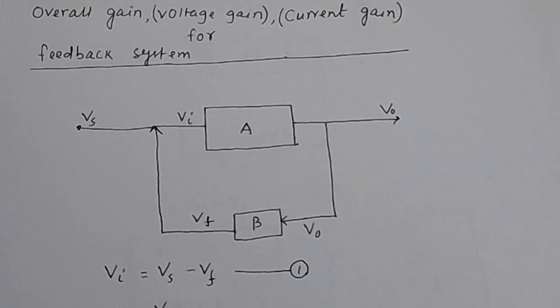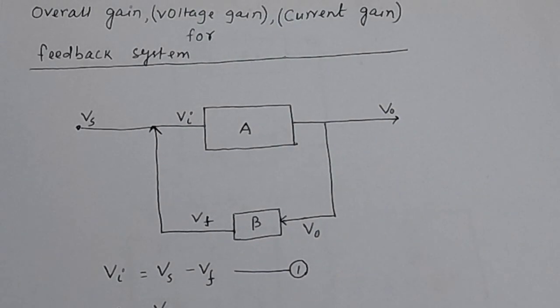Similarly, a question will come like which feedback decreases the overall gain, or voltage gain or current gain, of an amplifier. I have discussed that negative feedback reduces the overall gain of the amplifier. Or sometimes you will be asked to fill in the blank: negative feedback dash the overall gain of the amplifier.